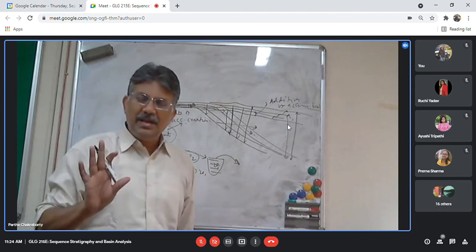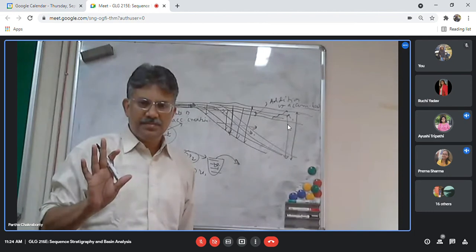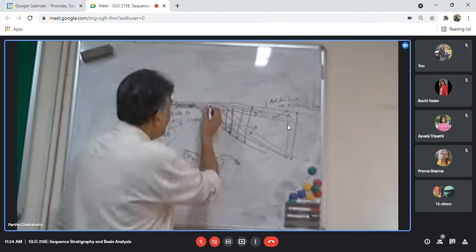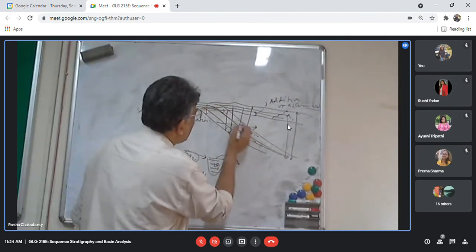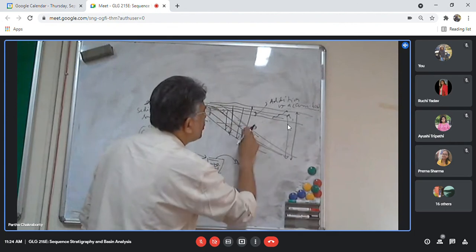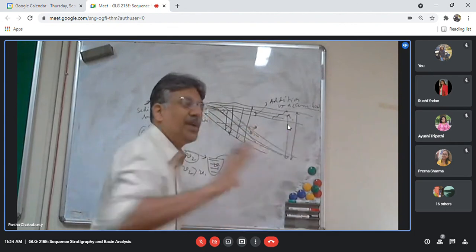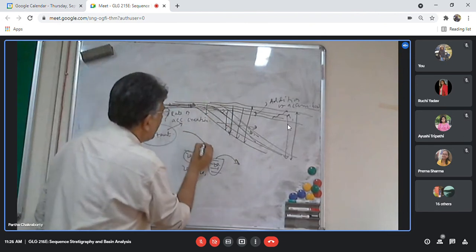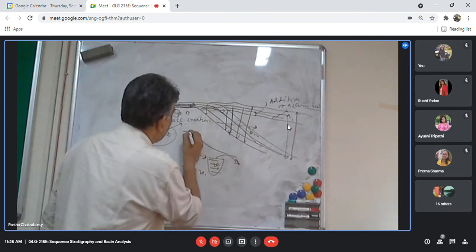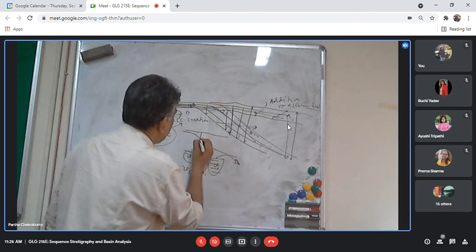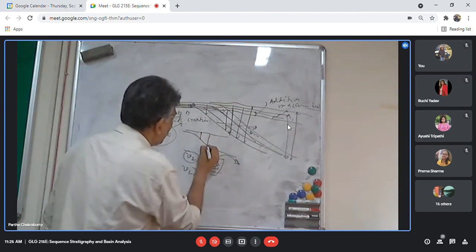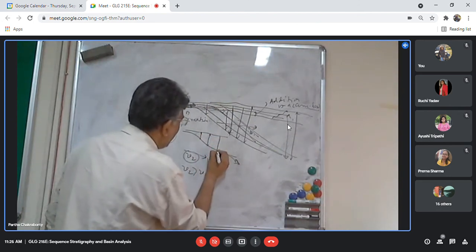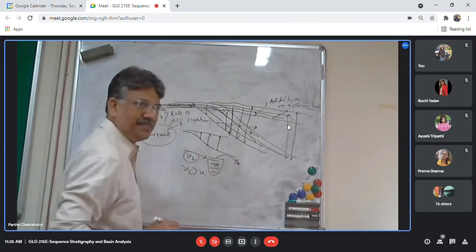Is it clear till now? Yes, sir. Fine. Now, when you are doing the progradation, successively you are actually moving to the deeper bathymetry of the basin. Initially, this is the basin, so you have to fill this much space, then this much space, then this much space.